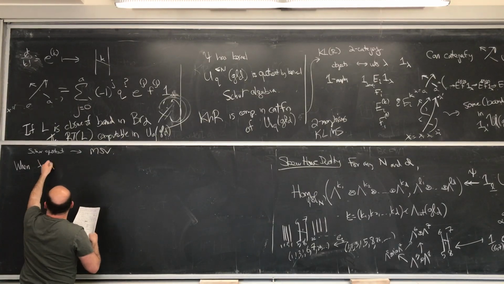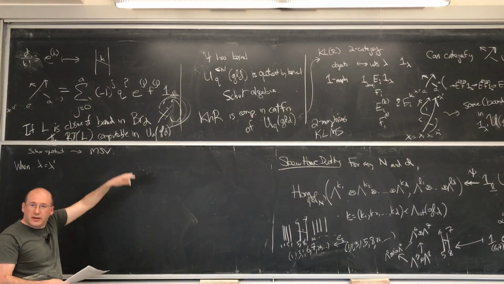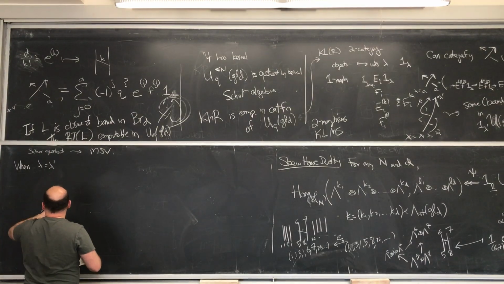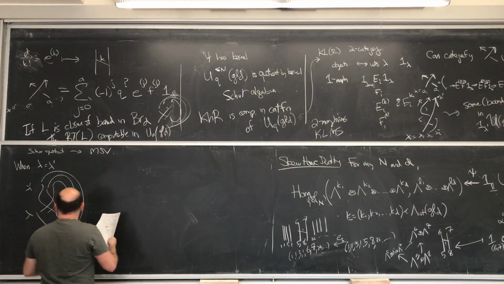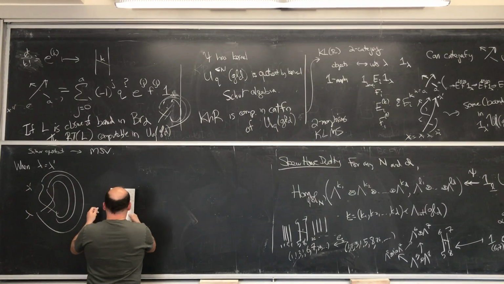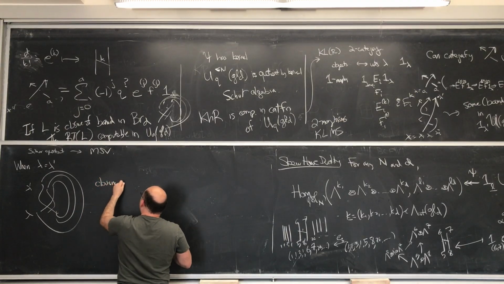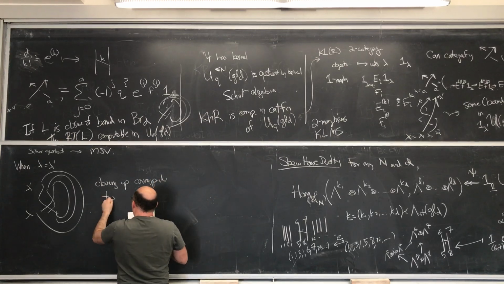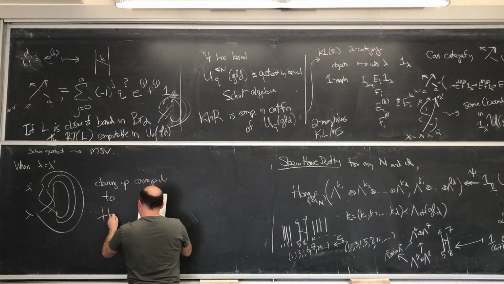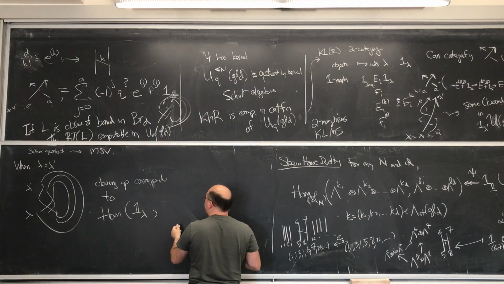So when the bottom and the top are equal to each other, then we can close the link up, okay? So we got this sort of braid, lambda prime. Sorry about not drawing over and under crossings. Closing up corresponds to taking a hom from the monoidal identity to this complex.